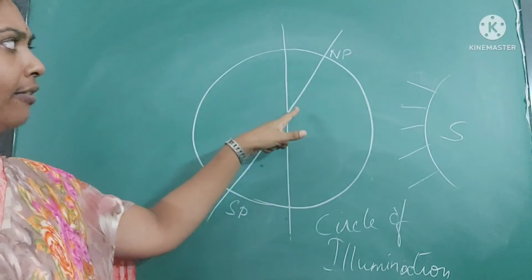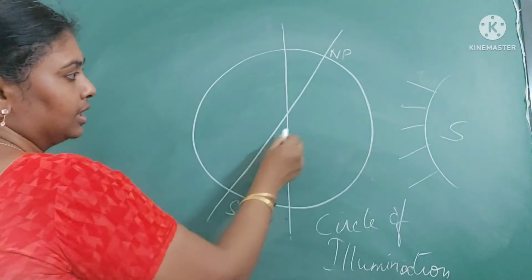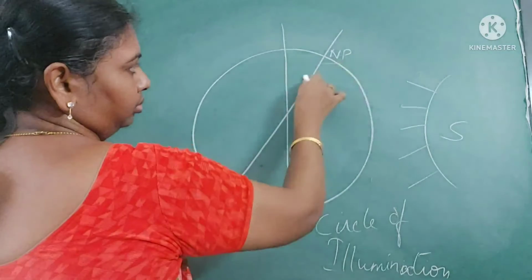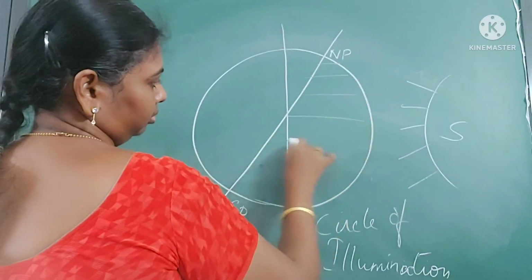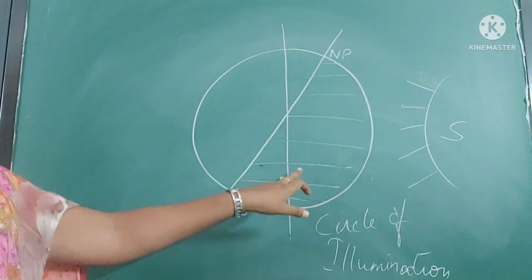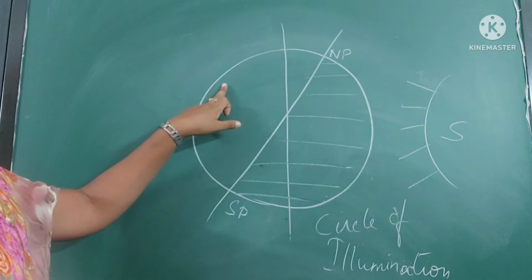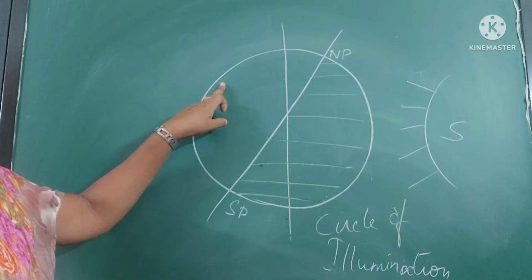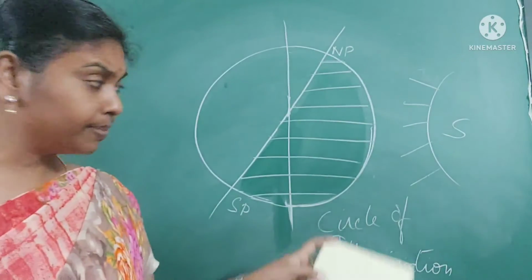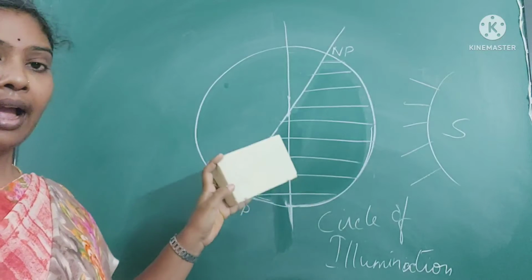So here we can very clearly see this portion is having sunlight and this portion is a dark side. So from this picture we can understand that we are having unequal days and unequal nights.